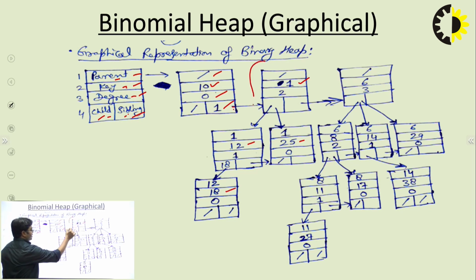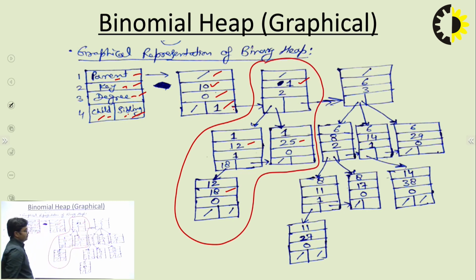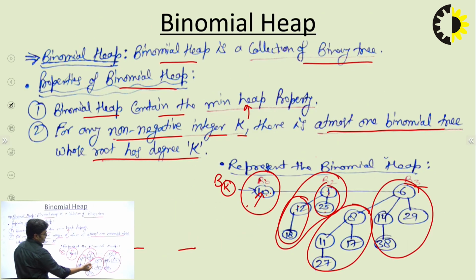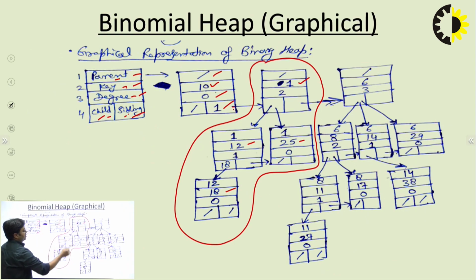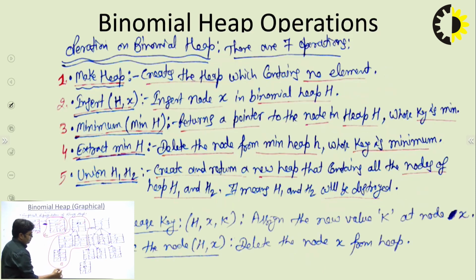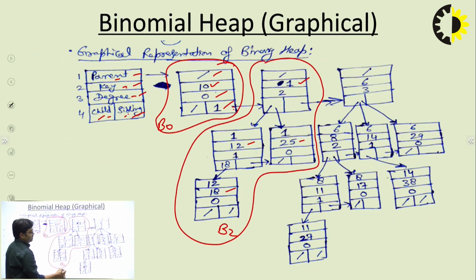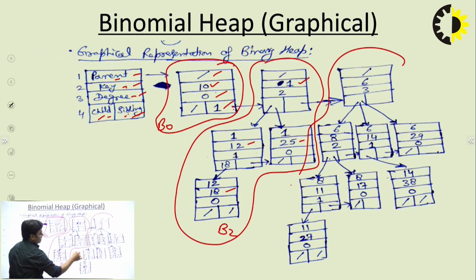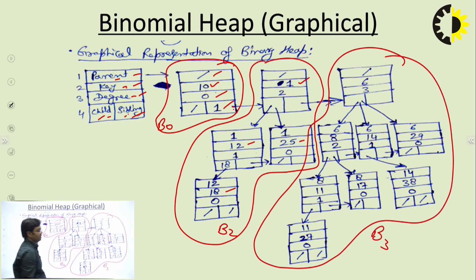This represents the second part, this one is B2. B0 is represented by this part, B2 is represented by this part, and the leftover part is B3.